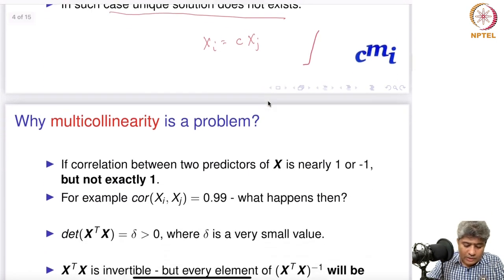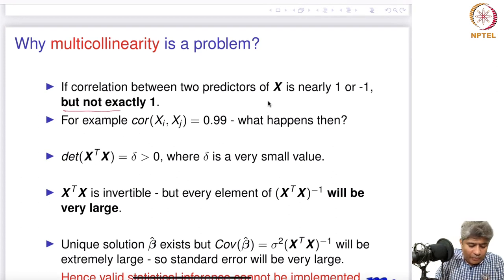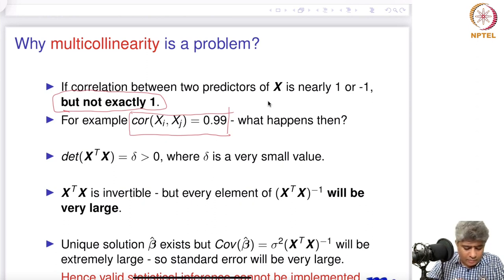A more reasonable example is that the correlation between two predictors is nearly 1 or minus 1, but not exactly 1. So the correlation between say Xi and Xj is 0.99. What happens then?